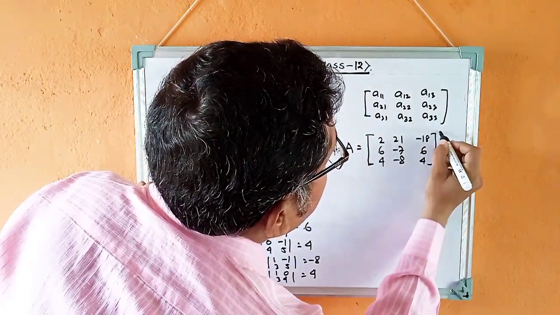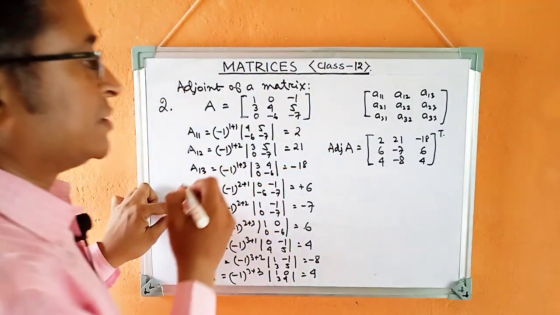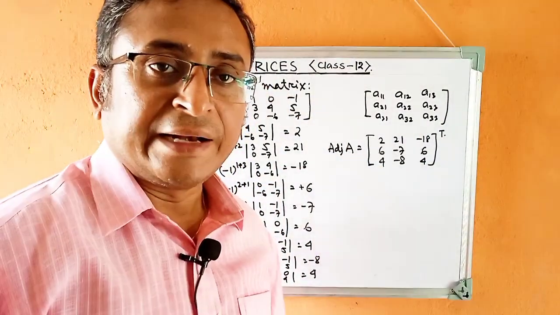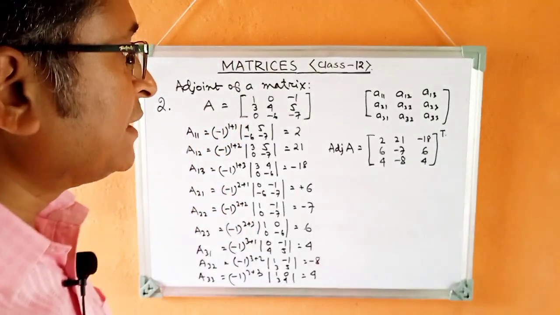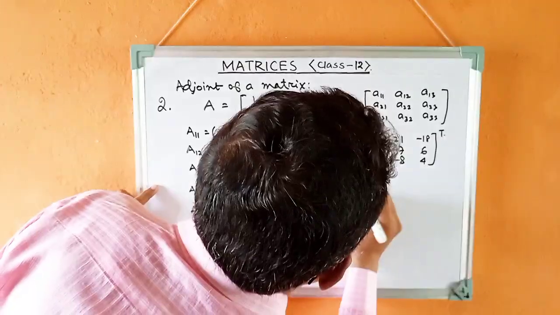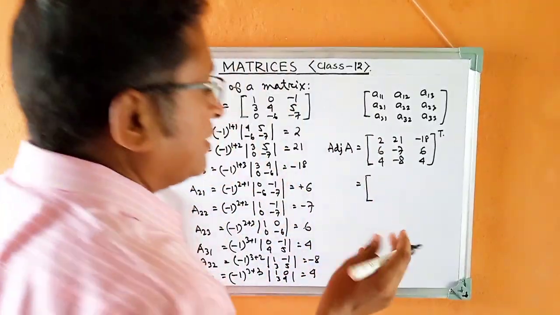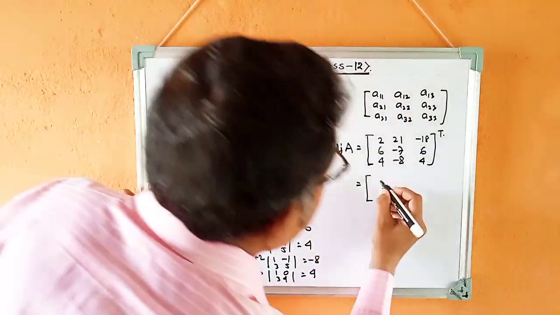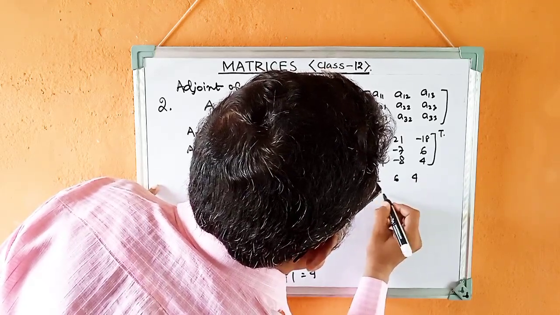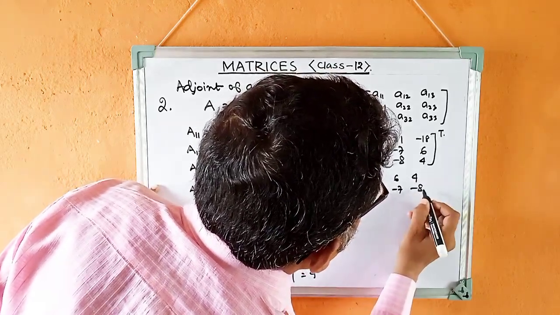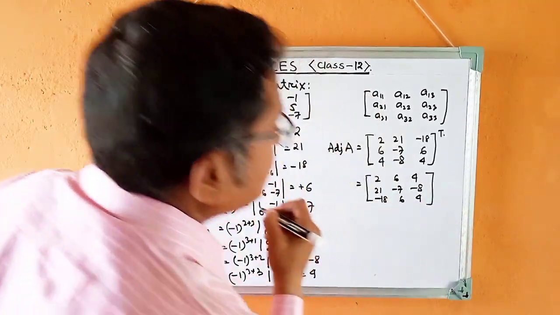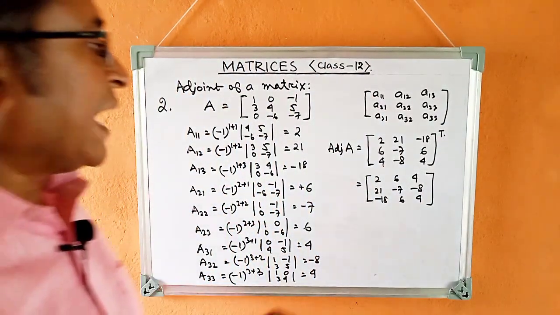Okay, and transpose. So adjoint A is the cofactors of all the elements, and take the transpose. Transpose means interchanging row and column, that is 2, 6, 4, 21, minus 7, minus 8, minus 18, 6, 4. Okay, that is how we get the adjoint.